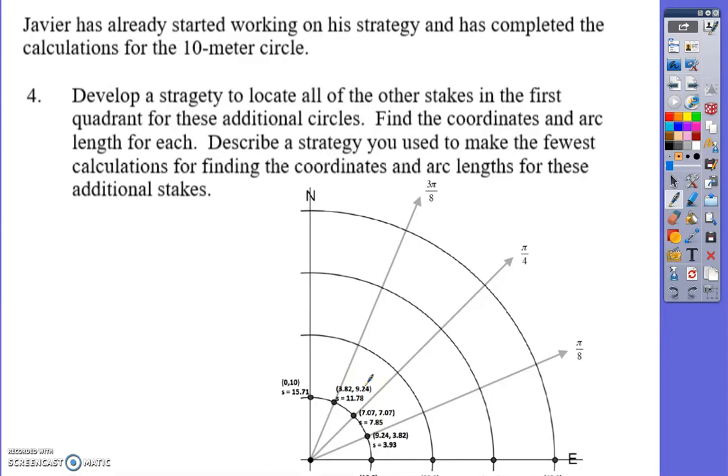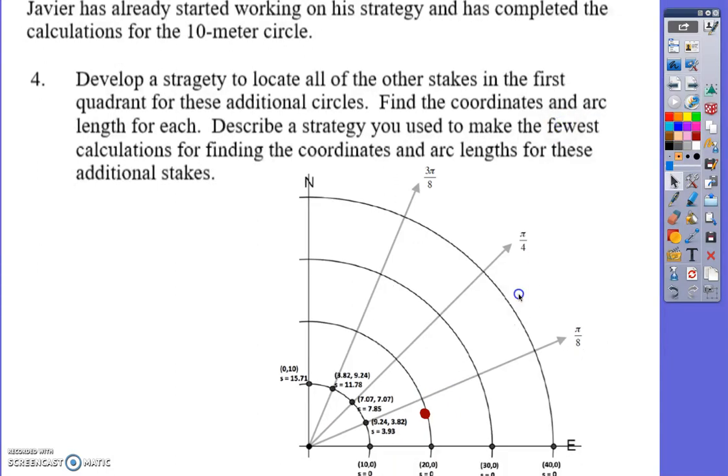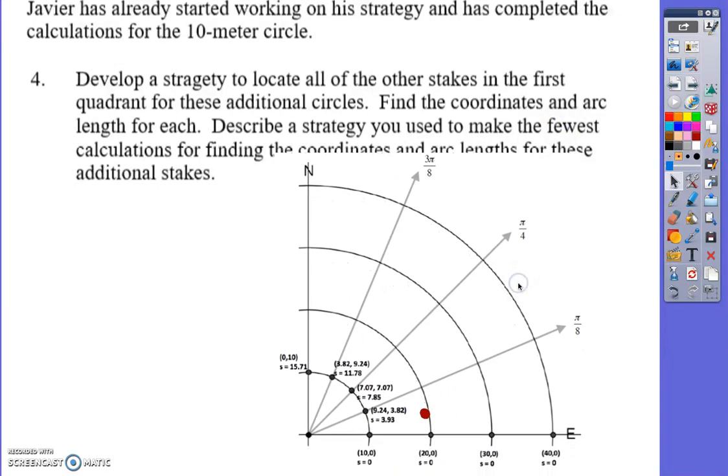And the other thing I know, hopefully we figured out at this point, is that the point here on the x-axis is going to be the radius. It's hard to see it on my picture here, but it is 20. Let me move the picture up. It is 20, and that would make a big difference being able to see everything.